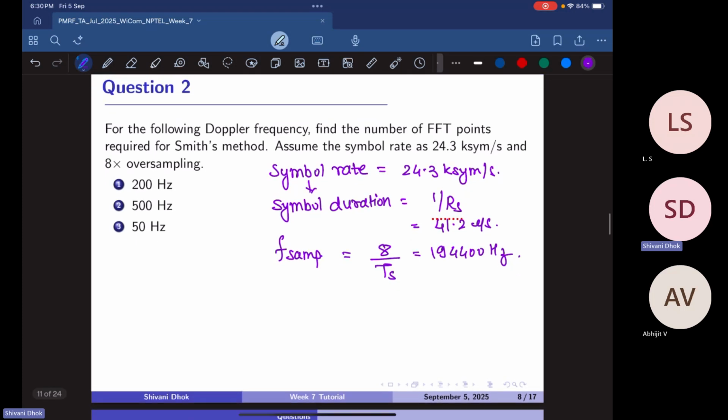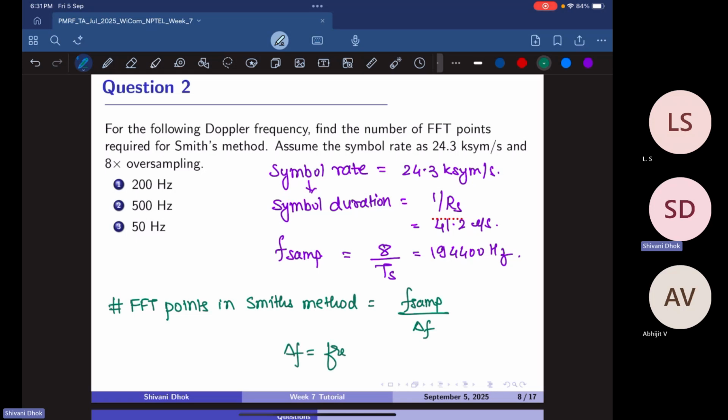Okay, so now what we need to find is the number of FFT points in Smith's method, which is given by the sampling frequency divided by delta F. Here delta F is the frequency separation in your FFT that you are going to do.